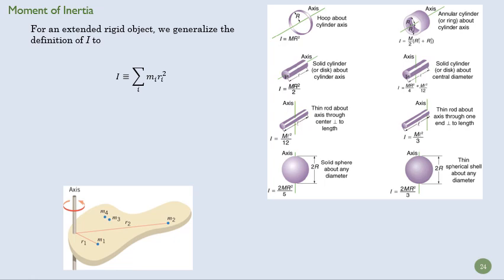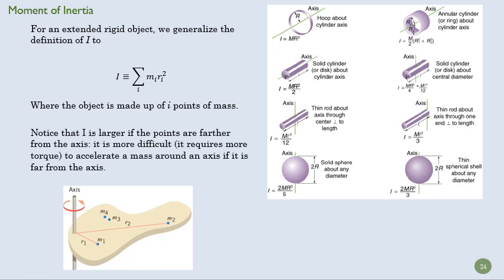Here's m2, multiply it by r2 squared, add it to m1 times r1 squared, m3 times r3 squared, and add all those up over the whole object. You can imagine that that's quite difficult for any shape that's not going to be really easy.